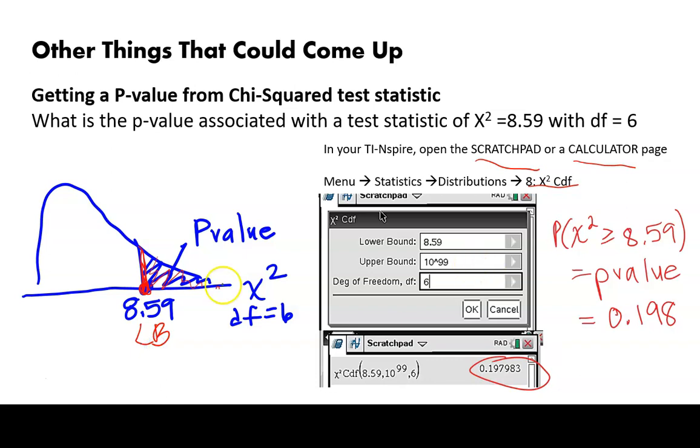And it's going to ask you for the upper bound, which is going to be infinity. So I just type in 10 to the 99th in there, which is basically huge. And then you're going to have to put in the degrees of freedom of 6. Okay, when we do this, we end up with 0.197983 down here. That is our p-value. That is that area under the curve.